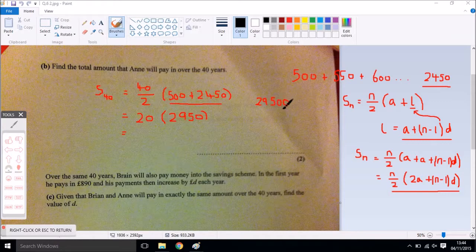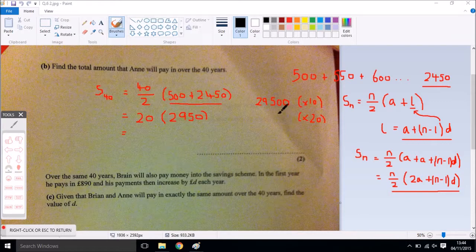And then 20 lots, so let me put this in brackets. Remember, this is times 10, this is 10 lots. So 20 lots is obviously double that. The quick way to double this, what I would do is round this up to 30,000, double that, and then take away 1,000 from there.